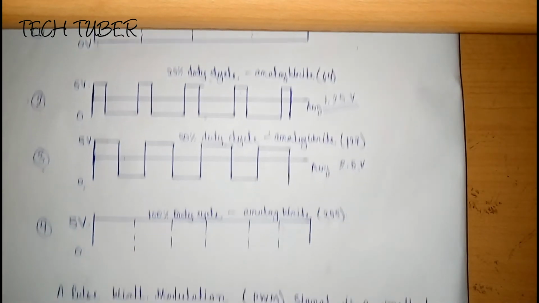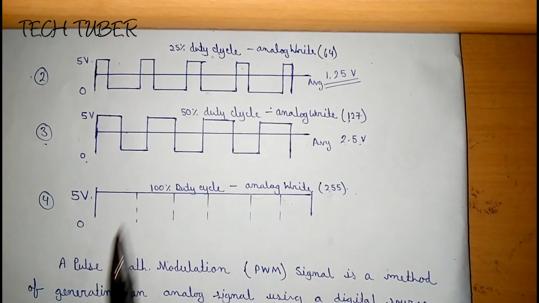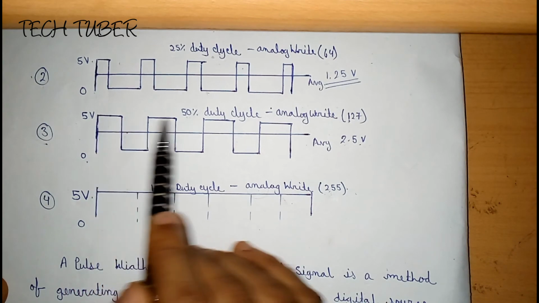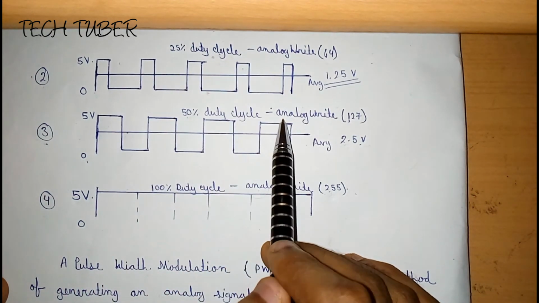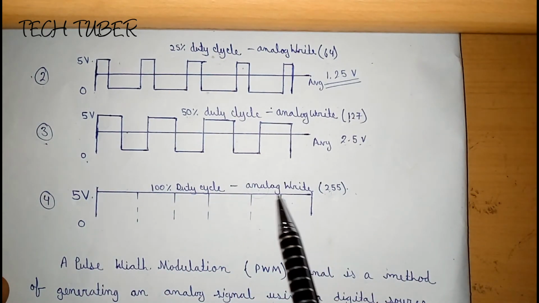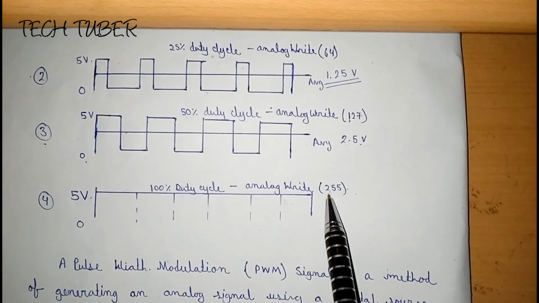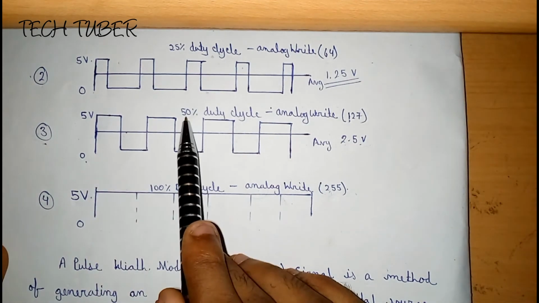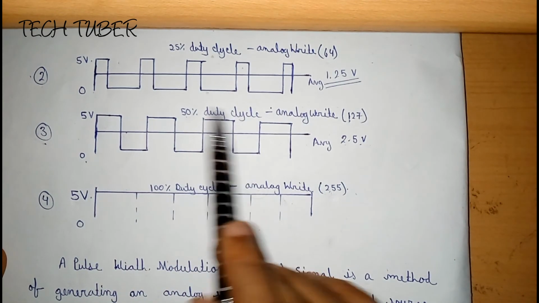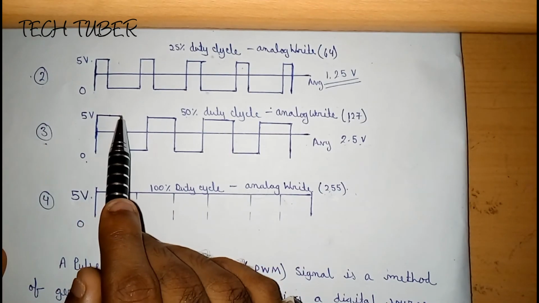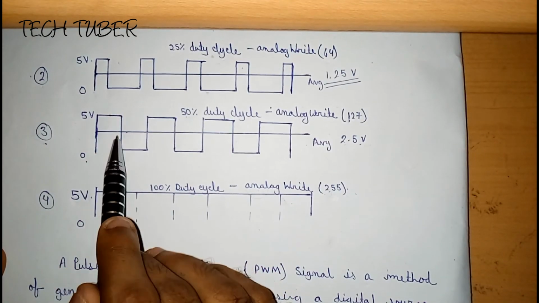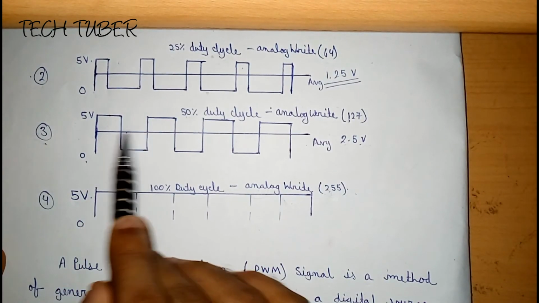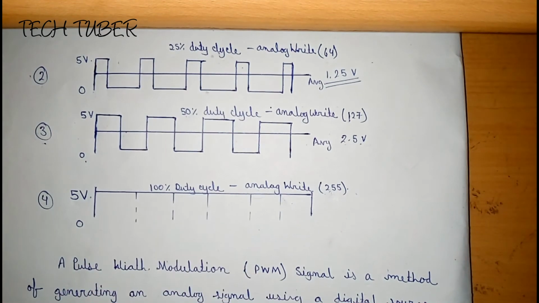And now again, from graph number 3, we can see the duty cycle is 50% and analog write 127, that is close enough to 50% of 255. And as this is 50% duty cycle, the time at high voltage state is exactly 50% of total cycle time. So this is the PWM function.